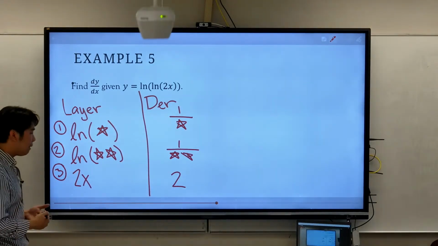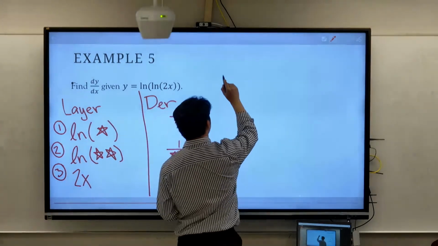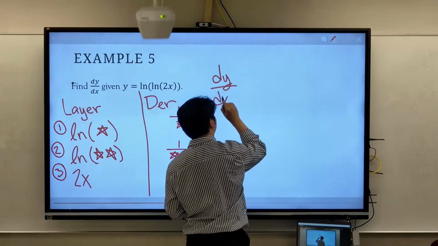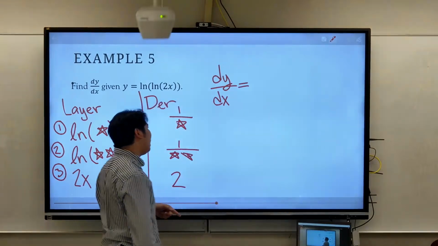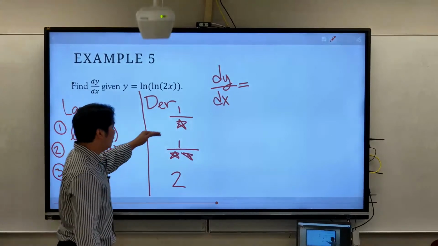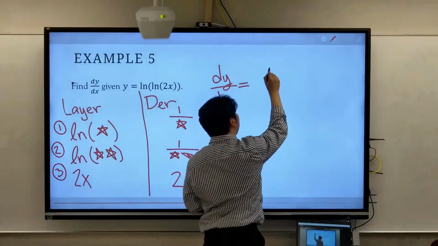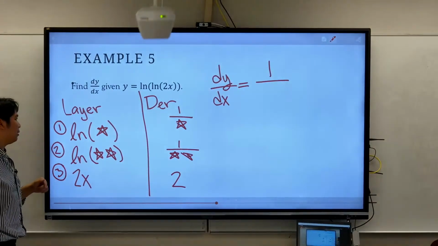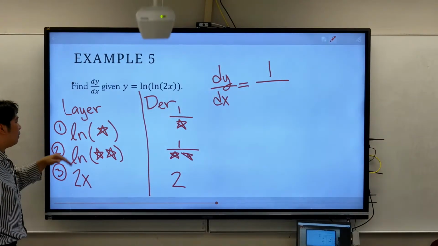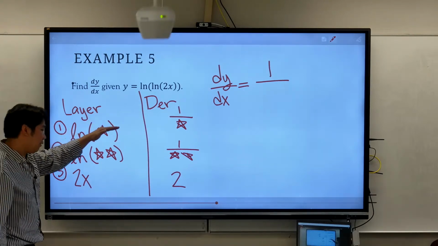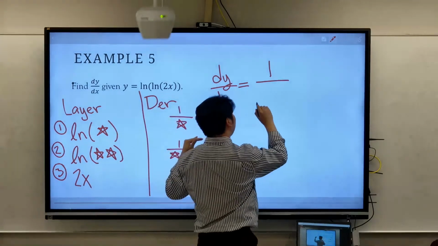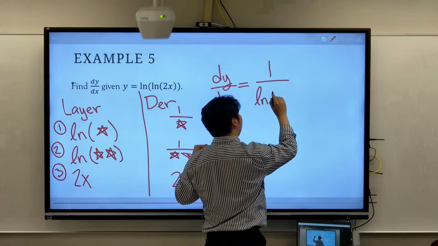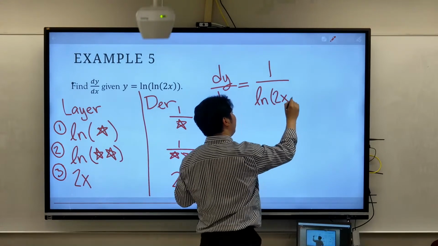All right, so I have all of my layers. Let's go ahead and take the derivative dy dx. We have layer number 1. The derivative of layer number 1, we have 1 over, and what's going down there in the denominator? Yeah, so what's going to go down there on the bottom for the layer of the first derivative? Yeah, 1 over the natural log of 2x.